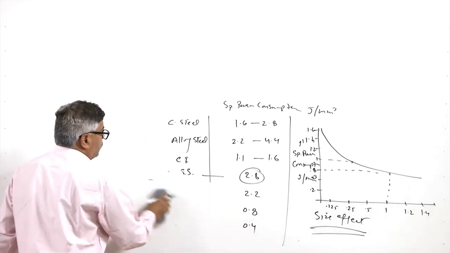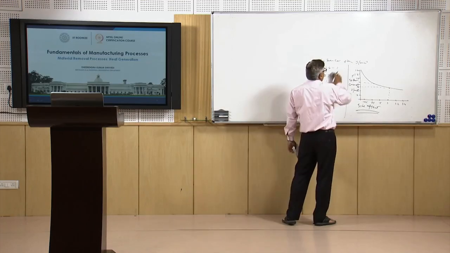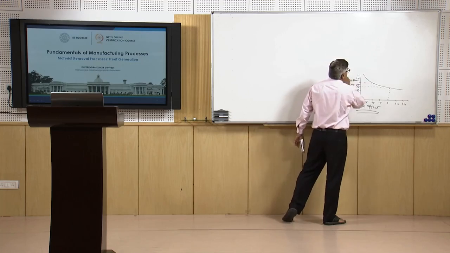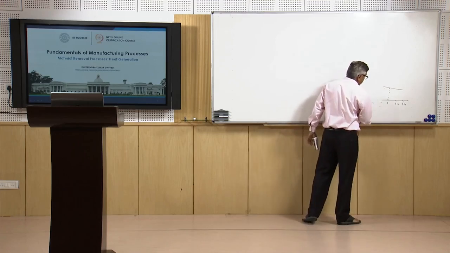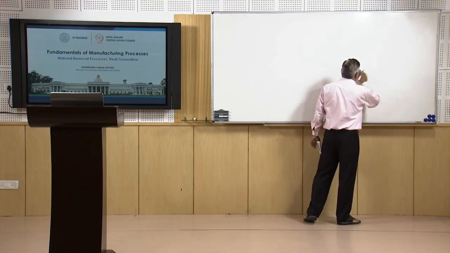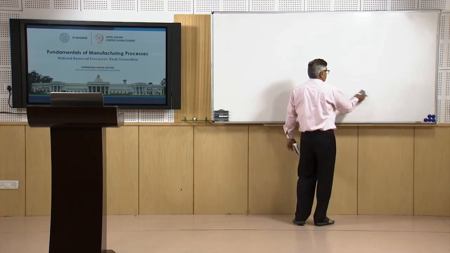Whenever power is consumed during machining, it consumes a lot of energy, and part of that energy is converted into heat, and part of the energy goes with the chips in the form of elastic strain.